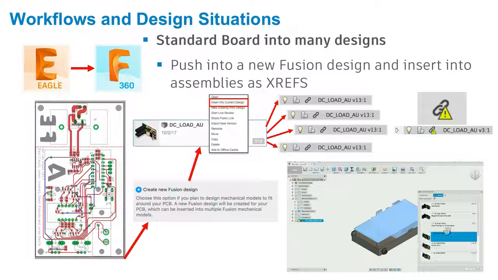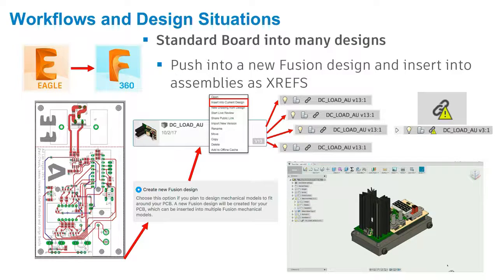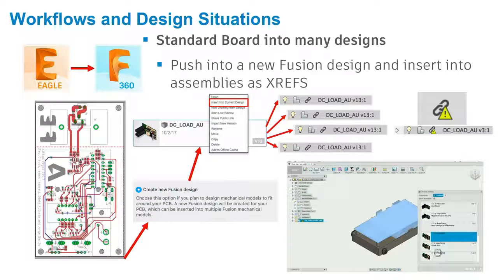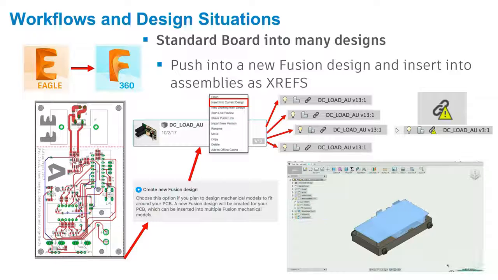So if we make a change to the standard board, it'll create a new version of the DC load board there. Then in all the assemblies that board's been inserted into, it'll trigger the Get All Latest command, as anyone familiar with working with XREFs knows. So instead of repeatedly breaking the link from Eagle, pushing and pulling back and forth, we can do one push-pull, and then the mechanical team can easily update all the mechanical assemblies.